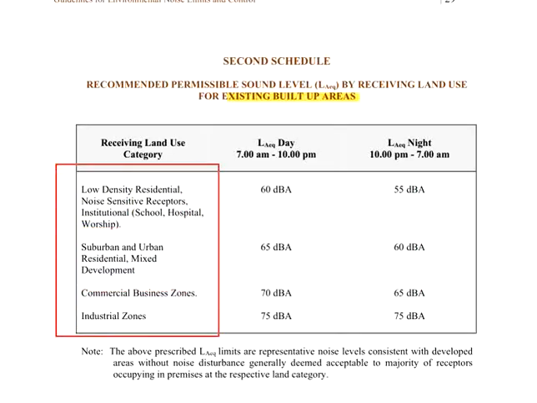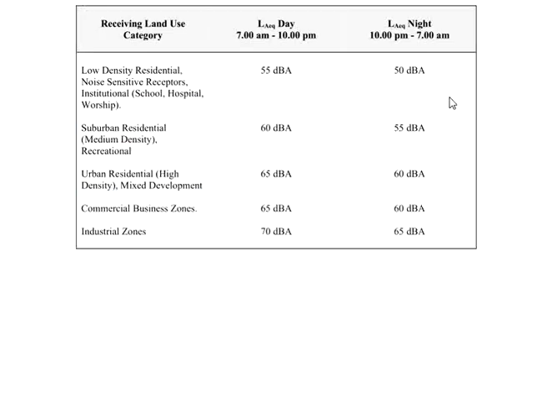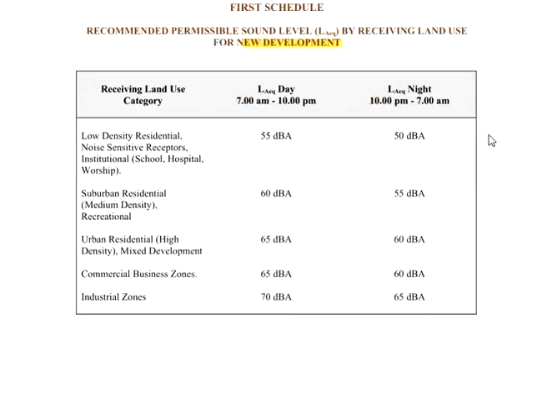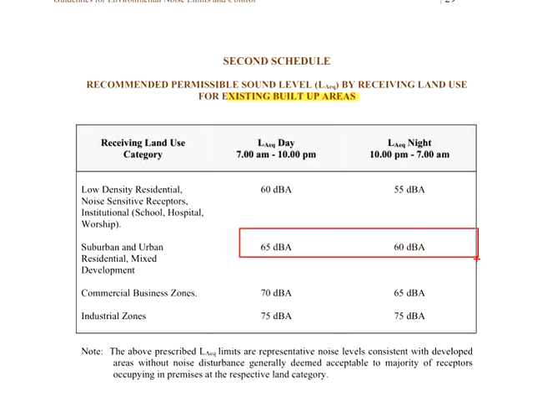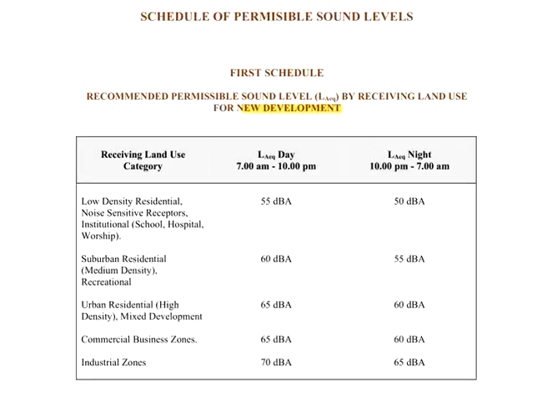The number of categories also reduces, where in the first schedule, the suburban and urban residential are separated, whereas in the second schedule, the suburban and urban will have the same requirements. Now the question here is when to use the second schedule and when to use the first schedule.